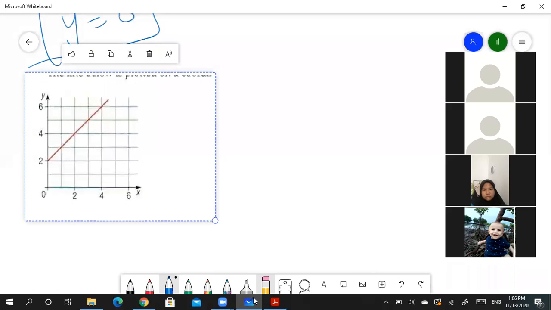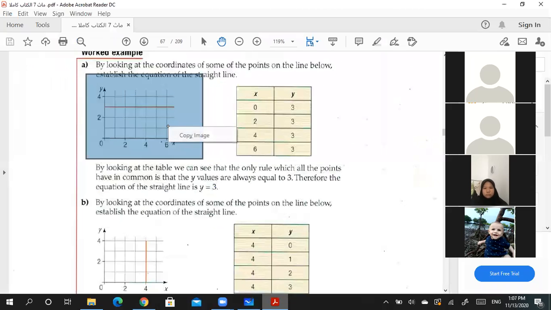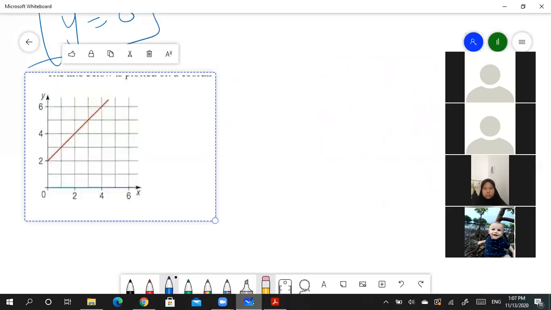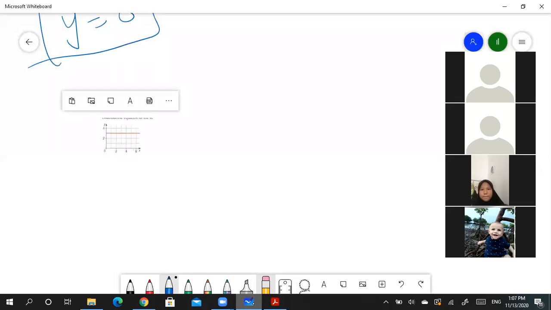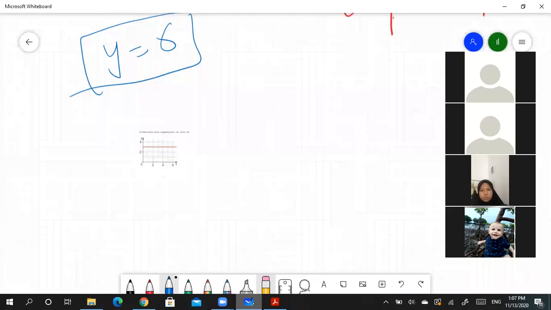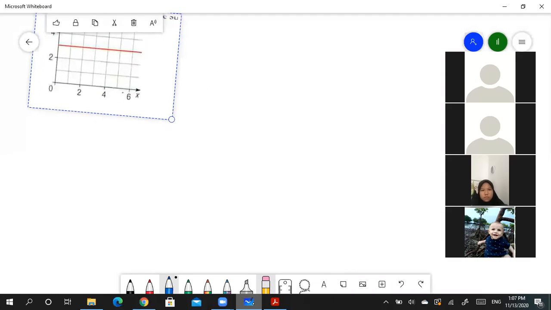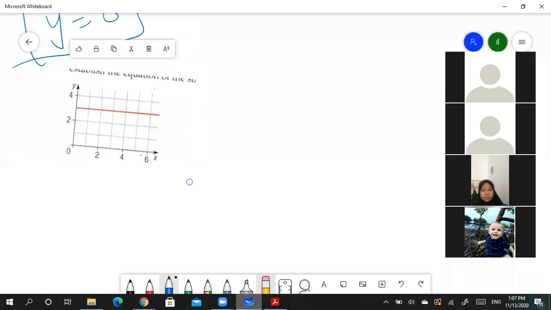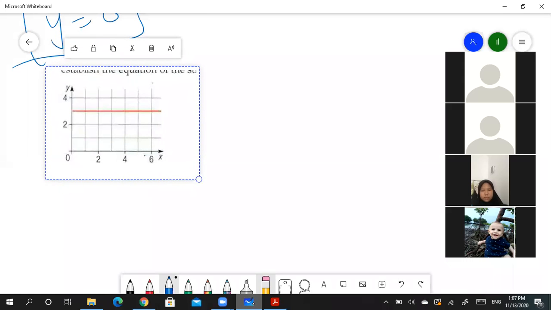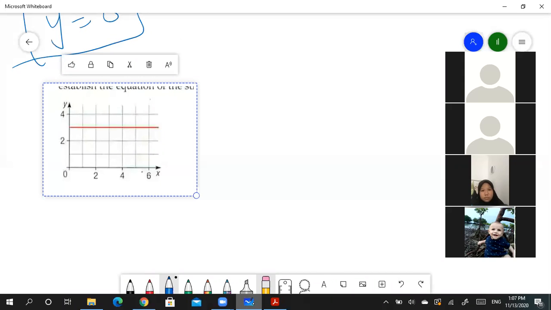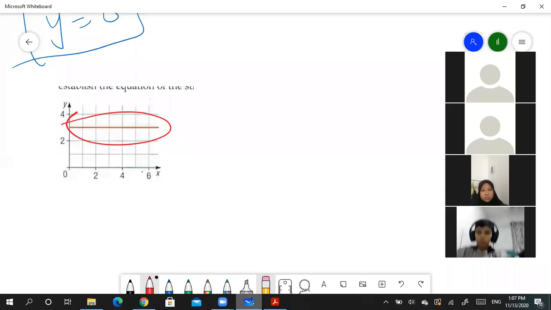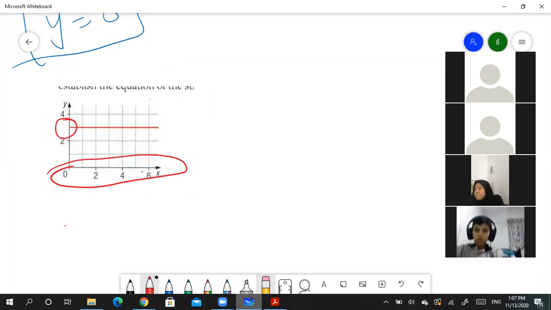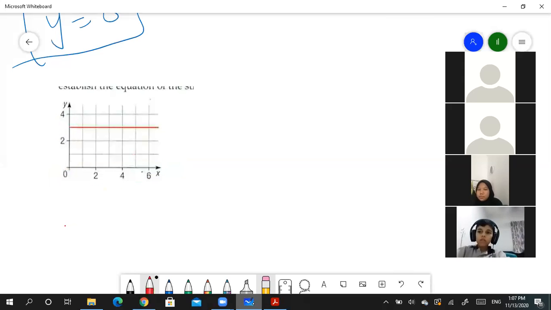Looking at this graph, we can see this line has some values on x, but has one value on y, which is 3, right? So how can we describe this line?